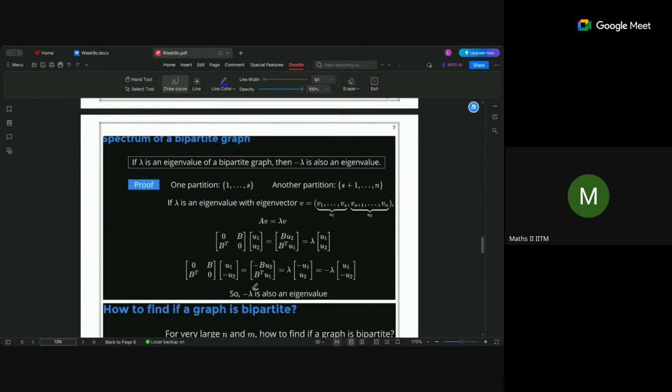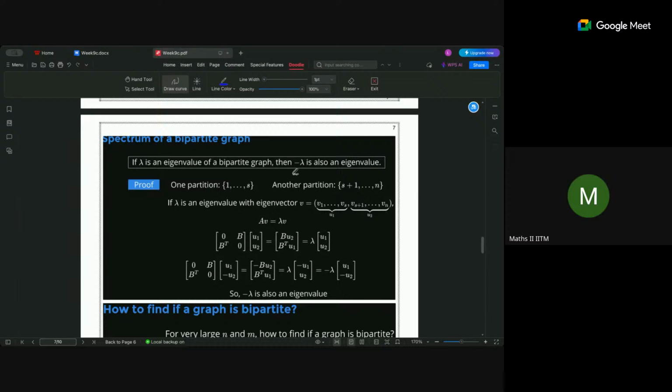The next thing is, what can we say about the spectrum of a bipartite graph? What is meant by spectrum again? Eigenvalues, right? If lambda is an eigenvalue of a bipartite graph, then minus lambda is also an eigenvalue. So once you know one eigenvalue, you know the other.